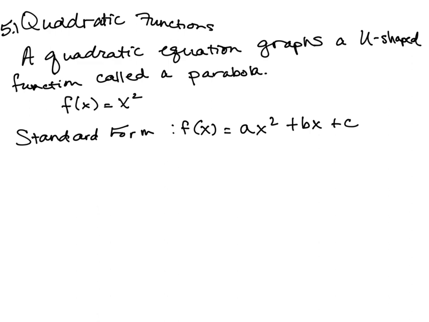How can we tell the shape based on this information? A few pointers before we get going. If a is greater than 0, a positive number, the parabola opens up, like a cup that would hold water.